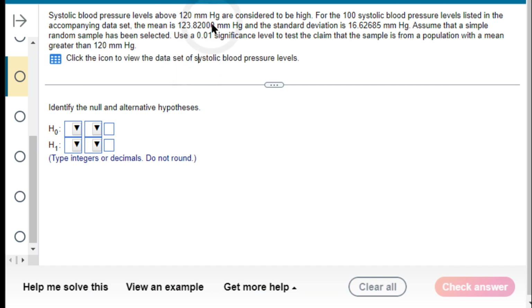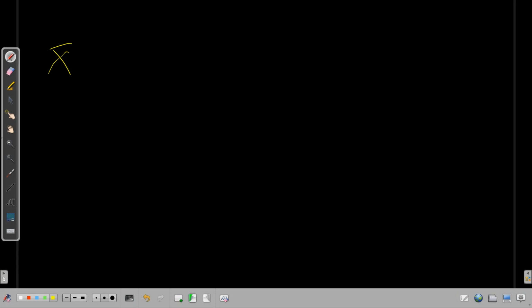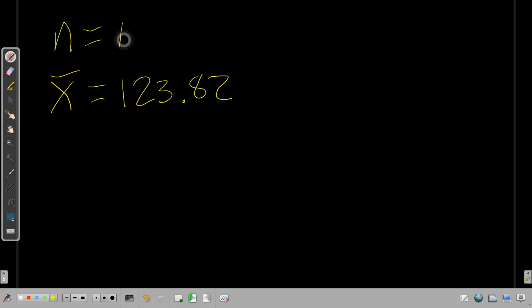They've told me that the sample mean of that 100 item sample is 132.82, or I'm sorry, 123.82. So that's what X bar is. X bar is 123.82. It's the average blood pressure of my 100 people.